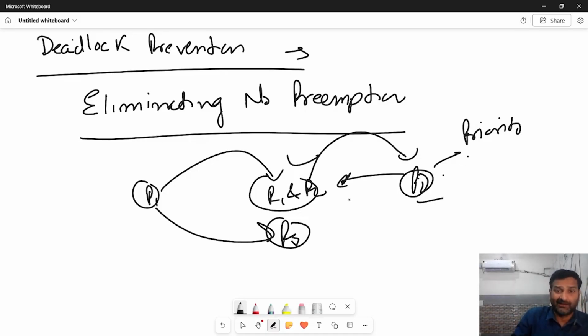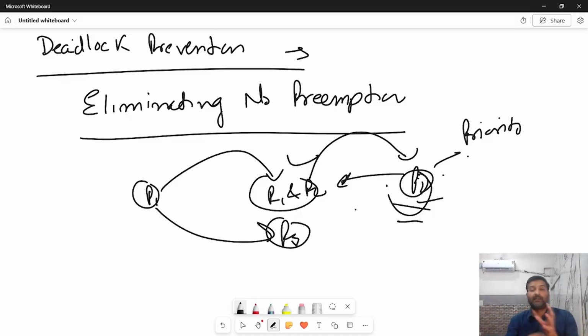In this way, we can preempt the resources which are being held by P1, and grant them to P2 so that this high priority process can use the resources, execute itself, and later release the resources.